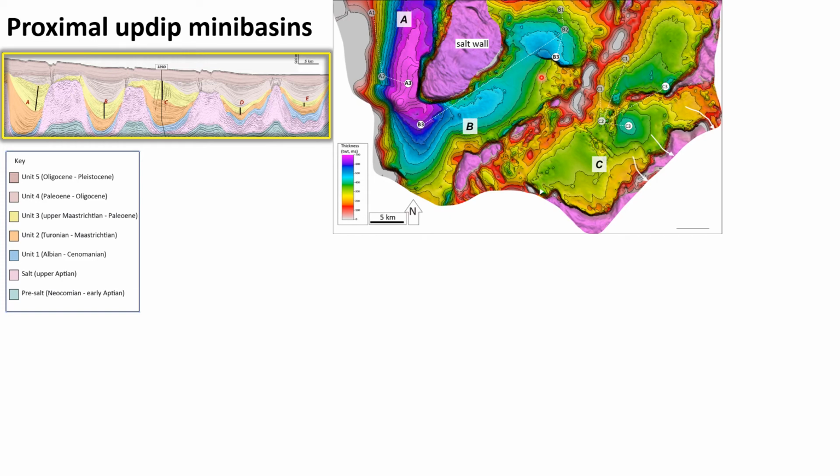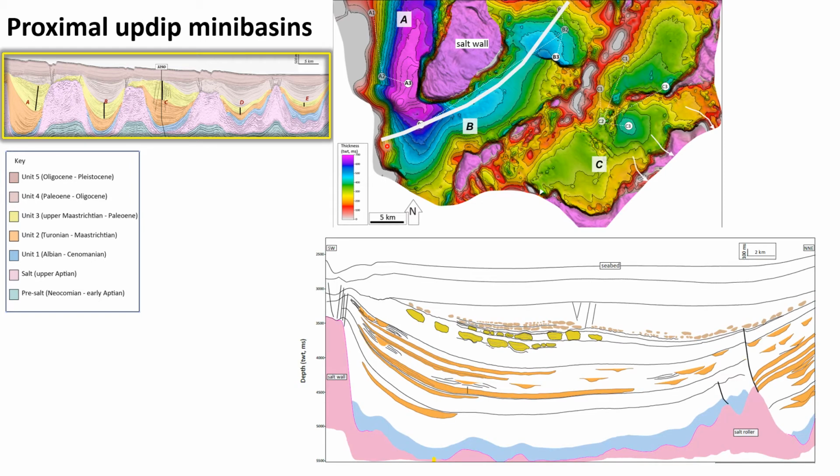This isochron highlights shifting of the depocenter from a more proximal location to a more distal location along minibasin B. An arbitrary line along the minibasin shows that frontal confinement was due to the presence of a salt roller within the minibasin.